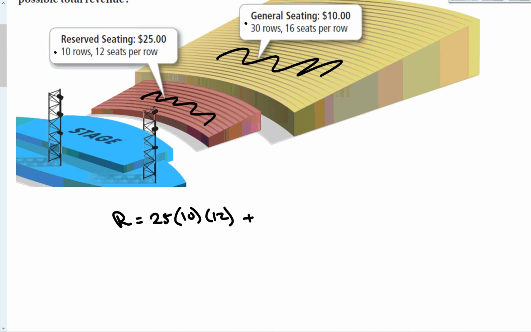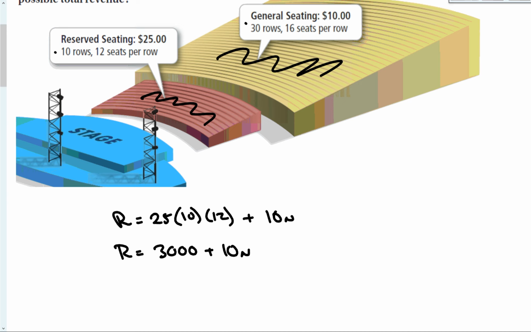So this one, we don't know how many tickets are going to be sold, so it's going to be 10 times n. Okay, so my total revenue is going to be 25 times 10 times 12 gives me 3,000, plus 10 times the number of general seating tickets sold.